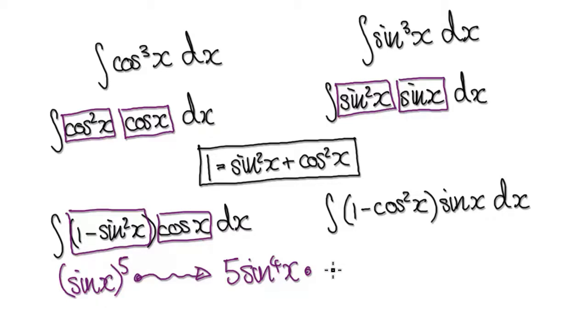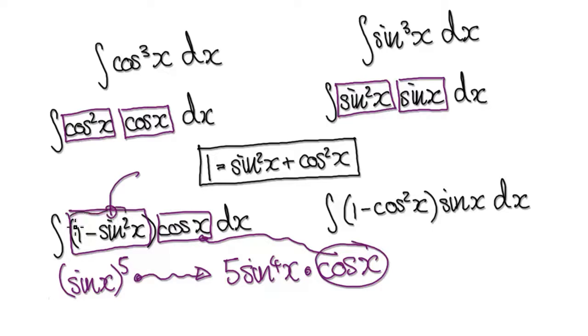The derivative of that will be cos of x. So now you can see that this thing here matches up with this. So when this block is all written in terms of sine, it should be easy to integrate, because you've got something that's the exact derivative of sine of x.